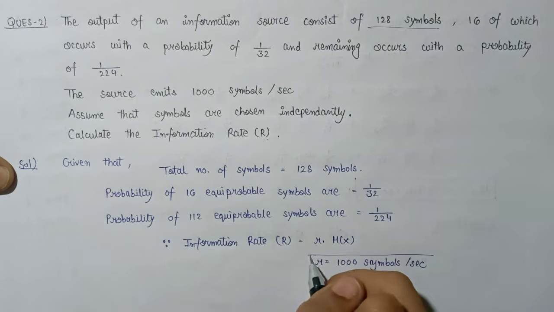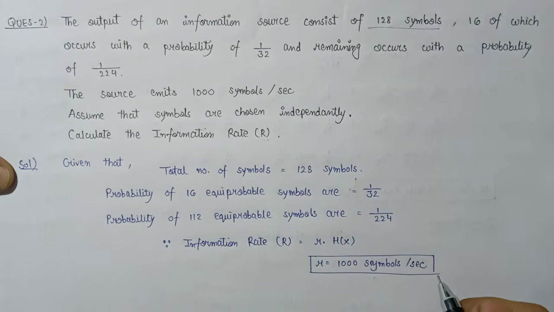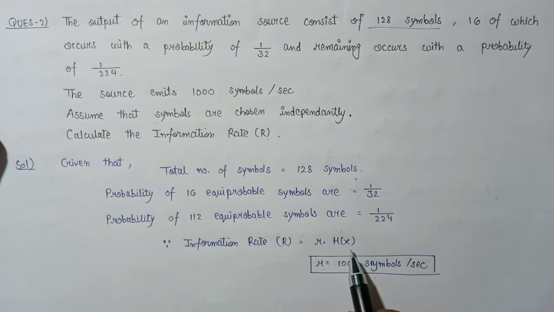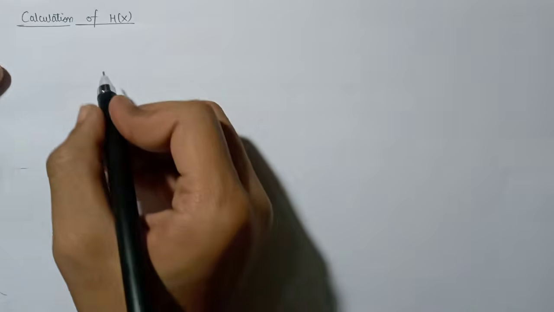So this is the value that is given to us. To calculate the information rate R, we have the value of small r, but we don't have the value of the entropy. So firstly we will calculate the value of the entropy, that is h of x.